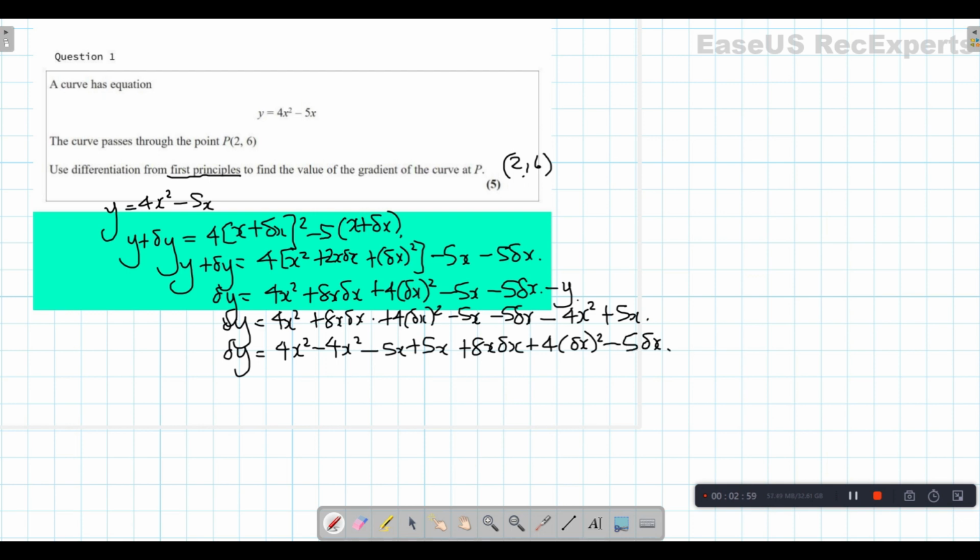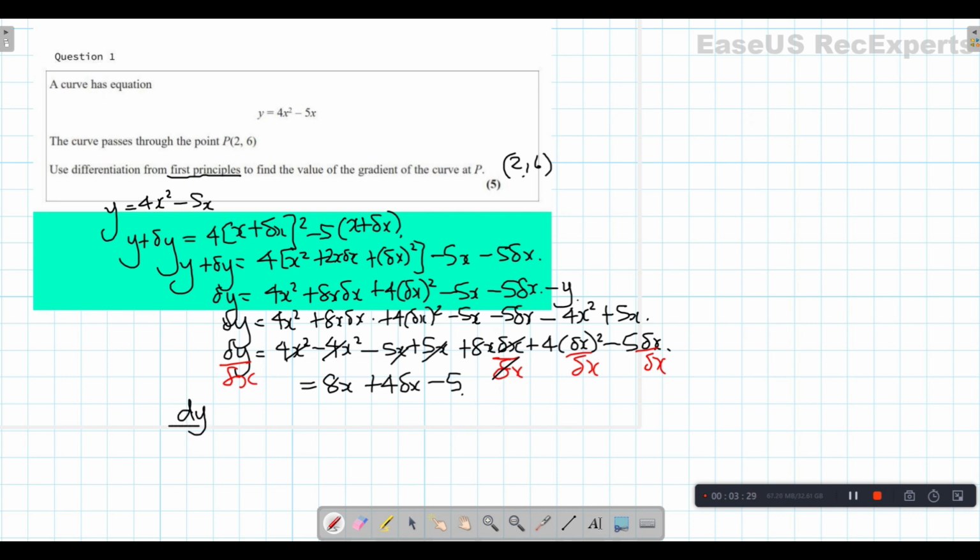Now we can cancel these two, and then divide by delta x, and that will give us 8x plus 4 delta x minus 5.